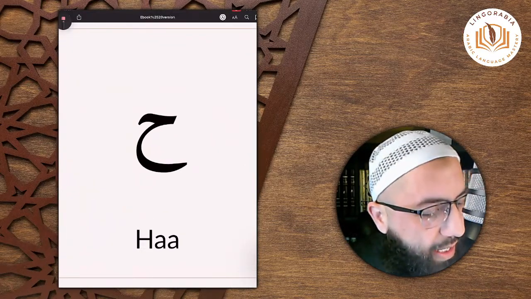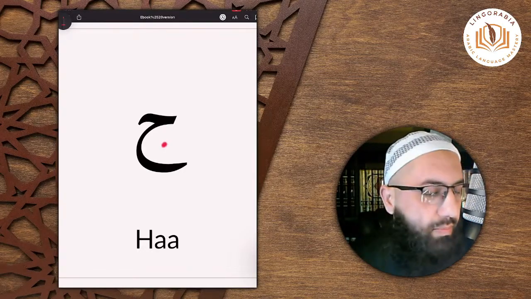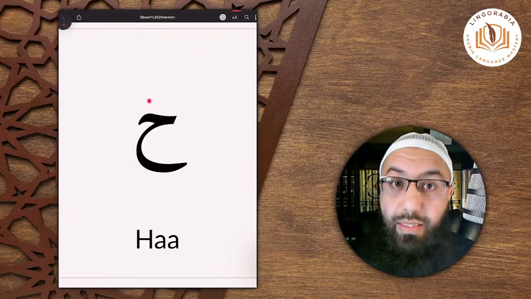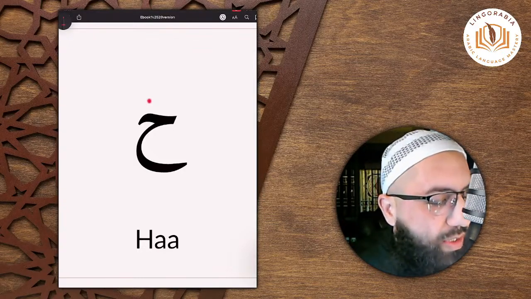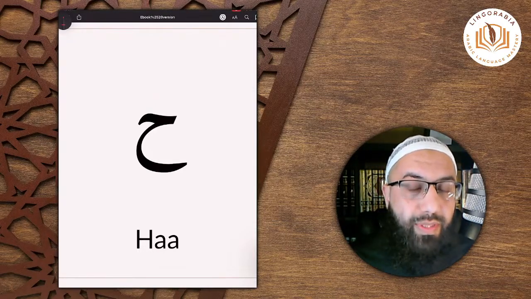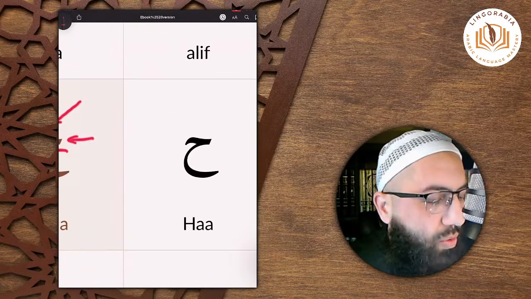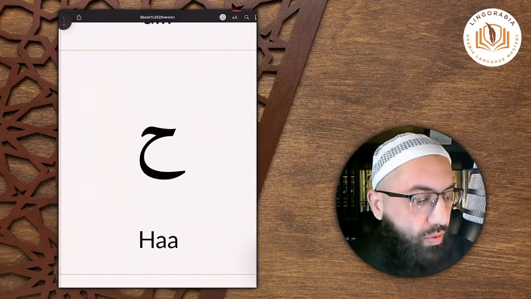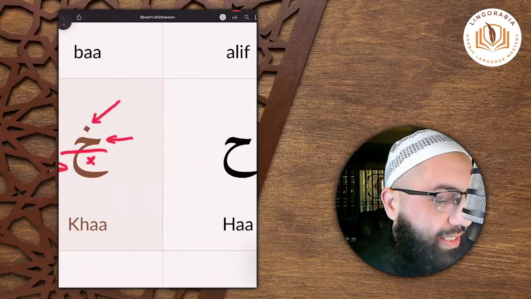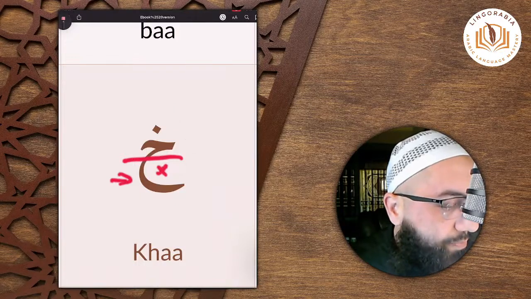If it has a dot in the middle, then it becomes jim, and if the dot is on the letter, it becomes the letter kha. Depending on where you see the dot, or its absence, you determine which letter you are seeing and discussing. The last letter that we are discussing is the letter kha.